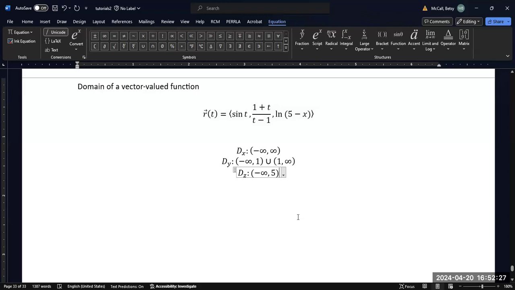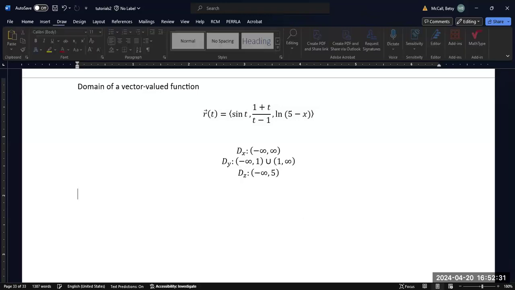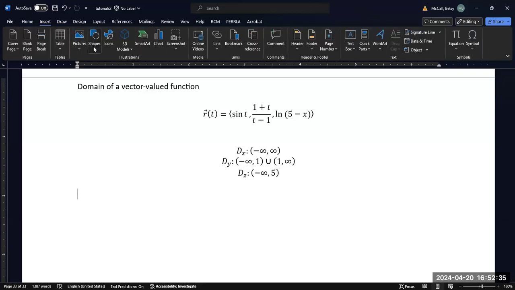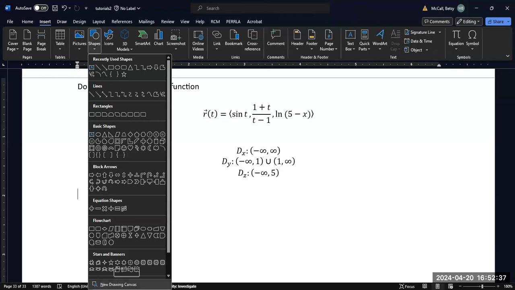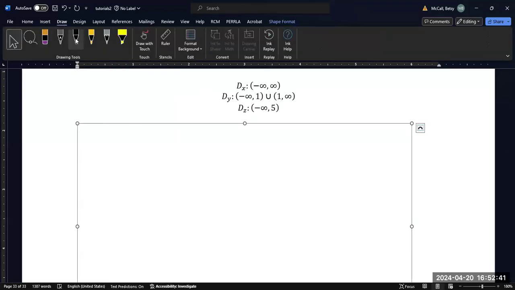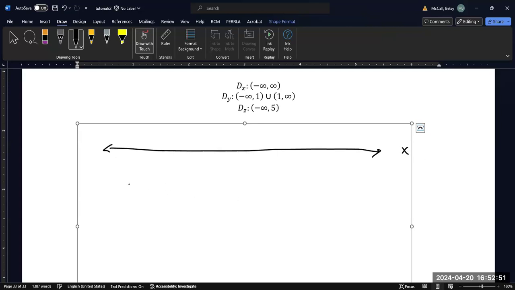So now we have to figure out where these overlap. One way of doing that would be to draw the intervals. So for instance, our first number line is going to be all real numbers. That's in our x direction.